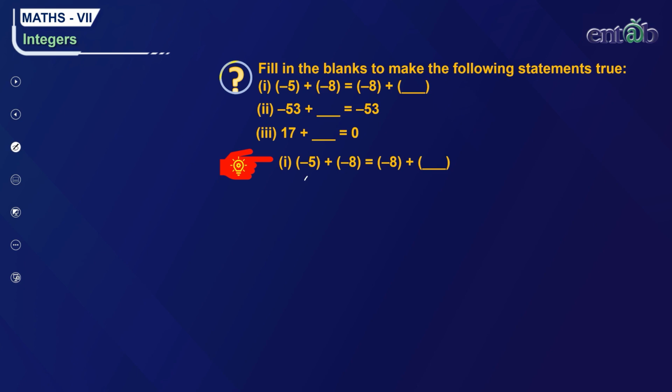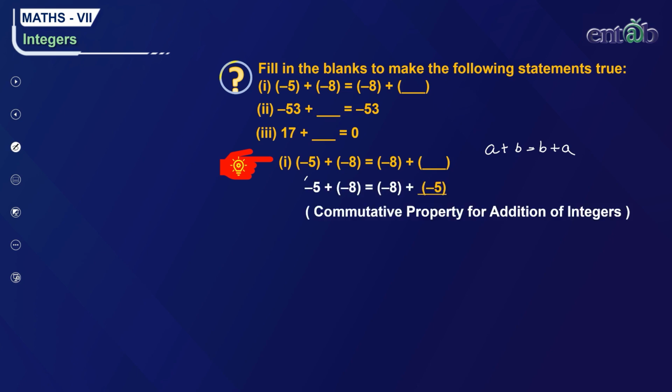If I consider a as minus 5, b as minus 8, I know a plus b is equal to b plus a by the commutative property of addition of integers. So, b is minus 8. So, my blank should be replaced by the value of a, which is minus 5. Thus, we get the answer as minus 5 using the commutative property for addition of integers.